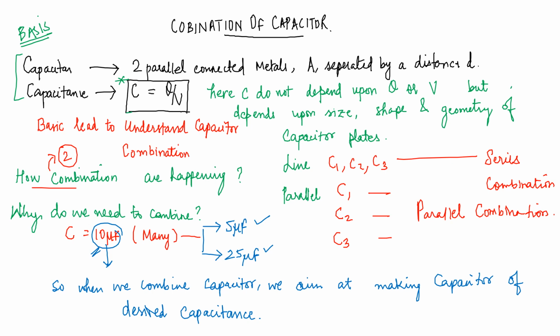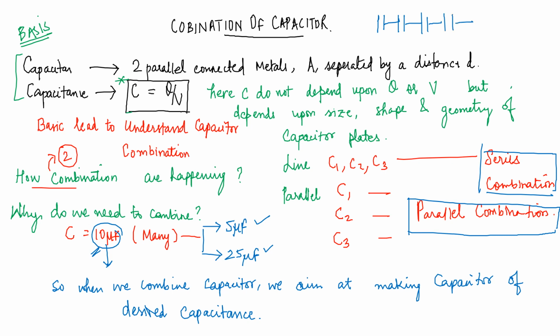Now we will see in which combination what sort of result we are finding, as I have defined series combination and parallel combination. There are only two kinds of combination. Either we can make these capacitors in line, like one capacitor over here, and the other combination is they are combined like this.